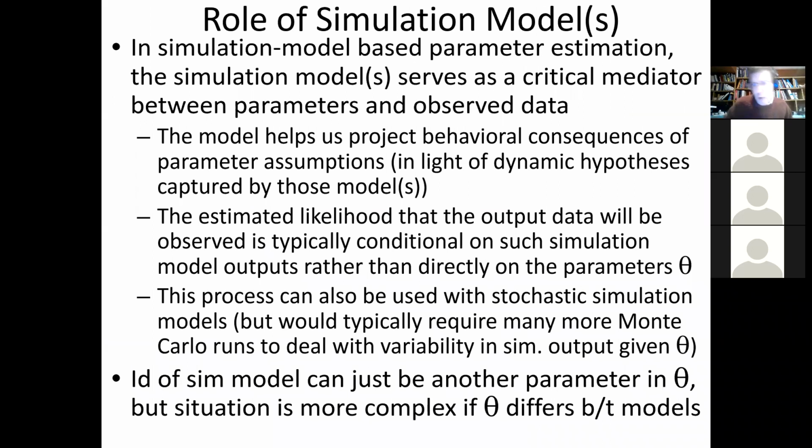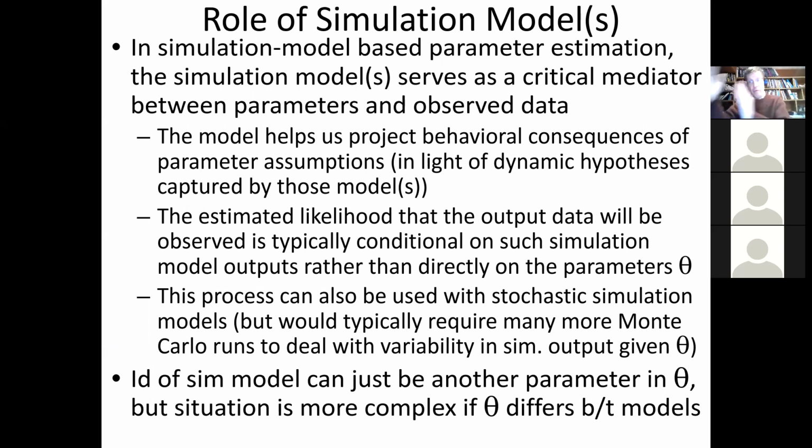Without a model mediating between the two, how can we go from a value of C and say, what's the likelihood of observing this number of cases over time? I mean, it's a fool's errand. Without a model, we're stuck, right? But with a model, we plug that value in for C from the parameter vector.